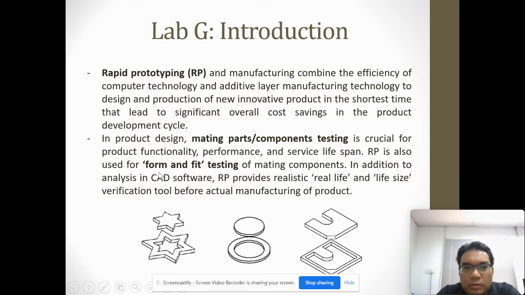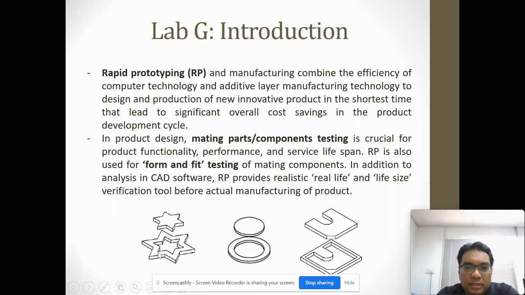RP is also used for form and fit testing, which is what you will do in this lab. In addition to analysis in CAD software, RP also provides realistic, real-life, life-size verification tools before the actual manufacturing of products.